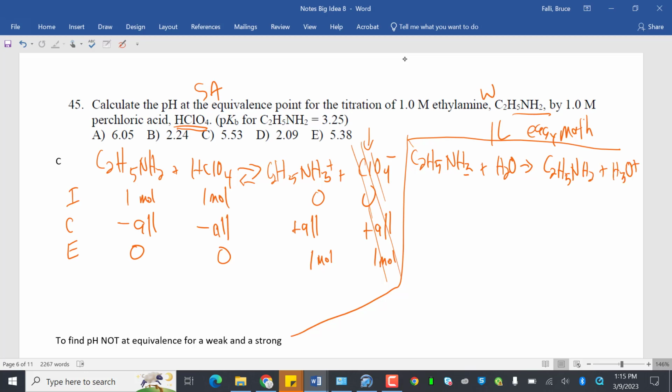So remember how this is a conjugate acid, right? It's got to act like an acid in the water. So now what I have to figure out is I've got 1 mole in 2 liters. Remember how I said 1 liter for easy math? So that's going to be 0.5. So I've got 0.500 minus, now it's weak, so it's not all.